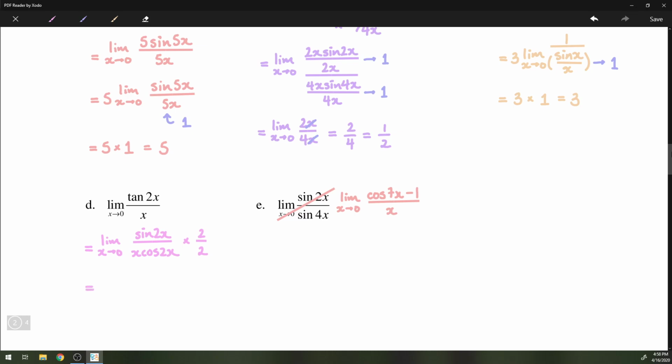So this will be the limit as x approaches 0 of 2 sine 2x over 2x cosine 2x.